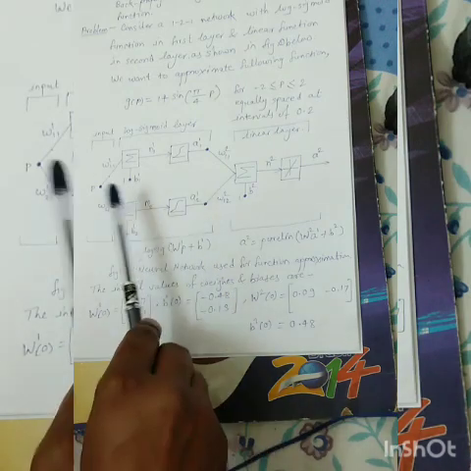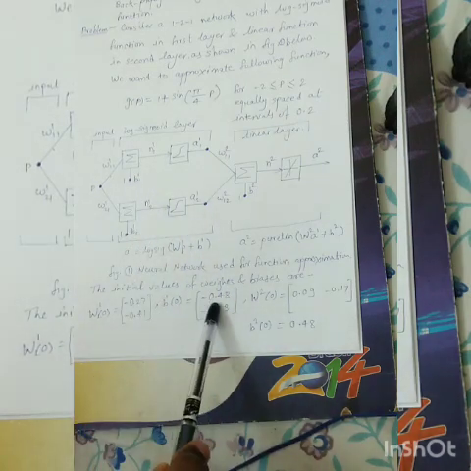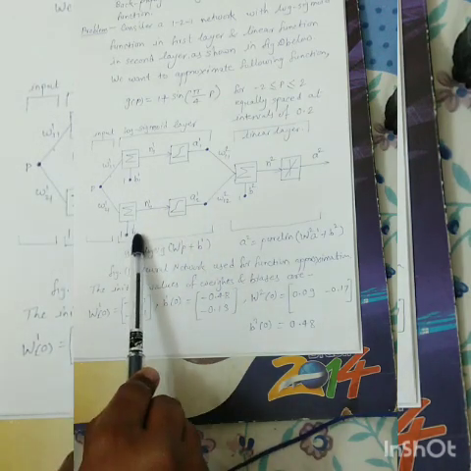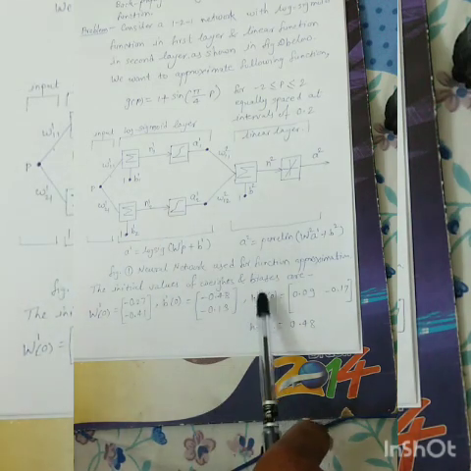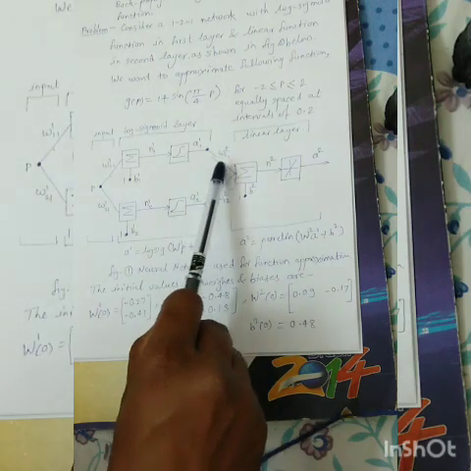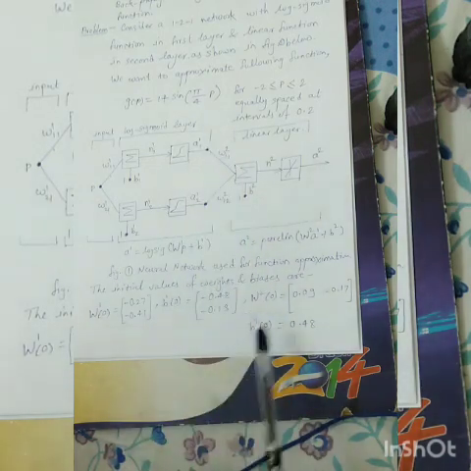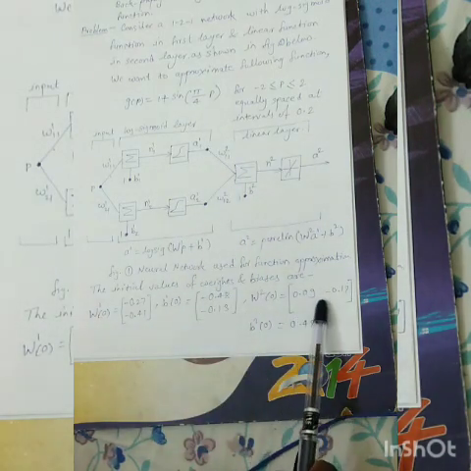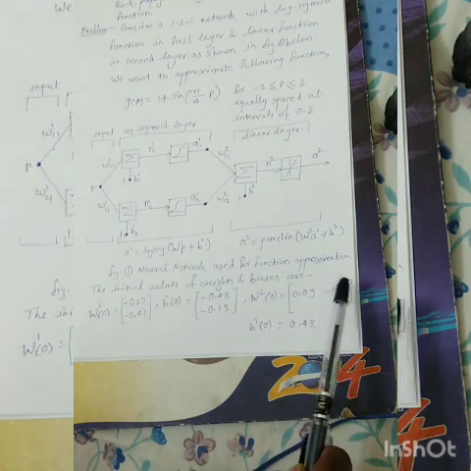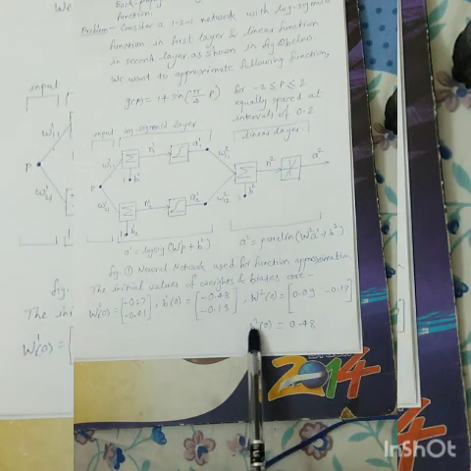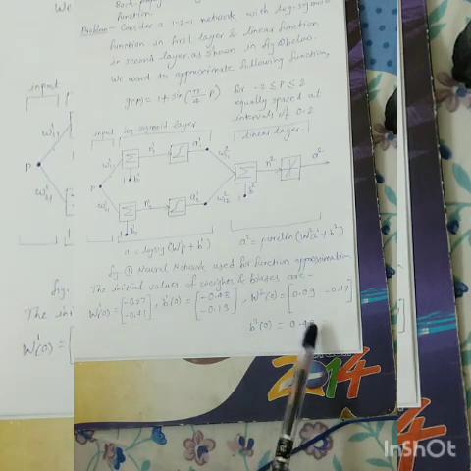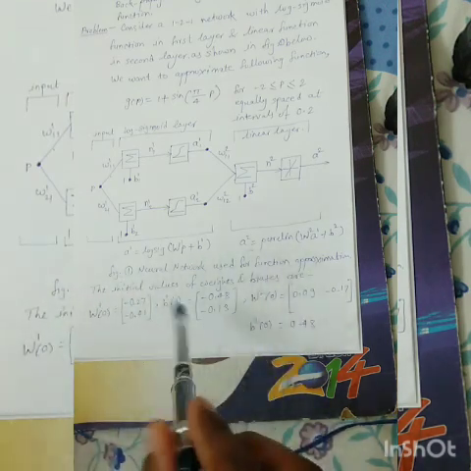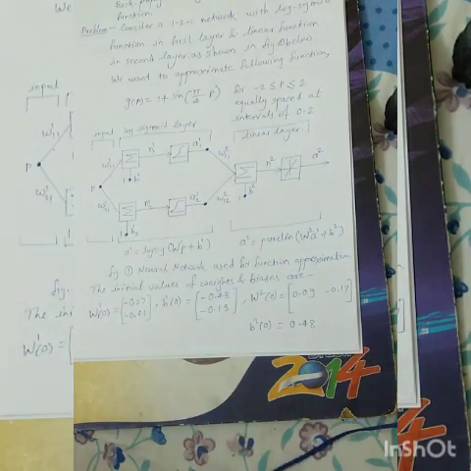Similarly, b^1_1 = -0.48 and b^1_2 = -0.13. Similarly, the initial values of the weights connected to the second layer are 0.09 and 0.17. Similarly, the bias of the second layer b^2(0) is 0.48. These are the initial values given in matrix format.